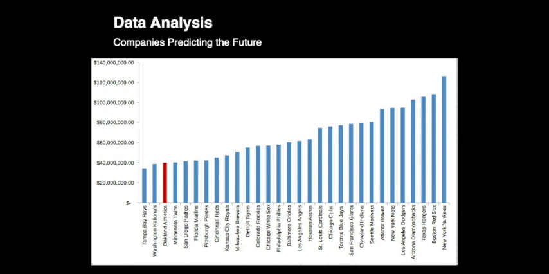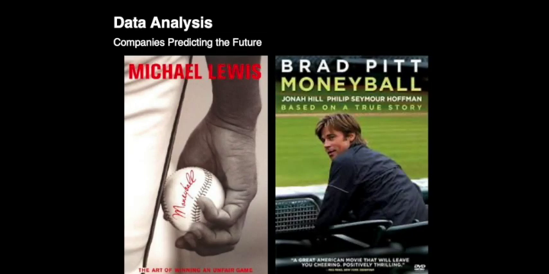So they had one of their best seasons and spent the least amount of money, or very little money, to get the team that they needed to get that winning season. So this actually turned into a book, Moneyball, which obviously turned into a movie with Brad Pitt and Jonah Hill, which was very successful and good movie, good book. You should definitely check it out.